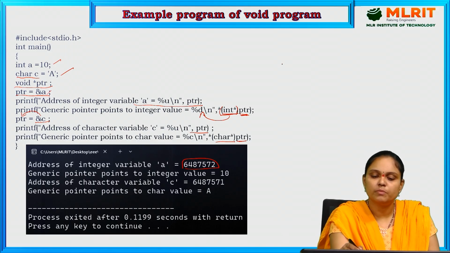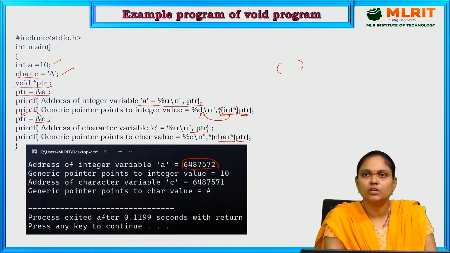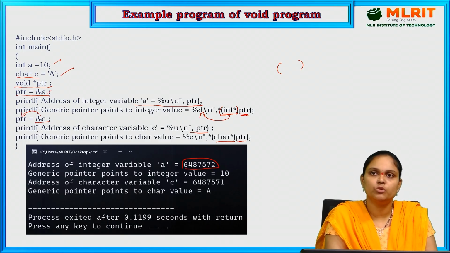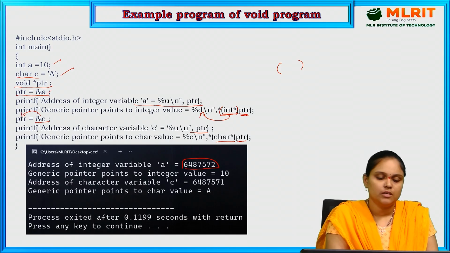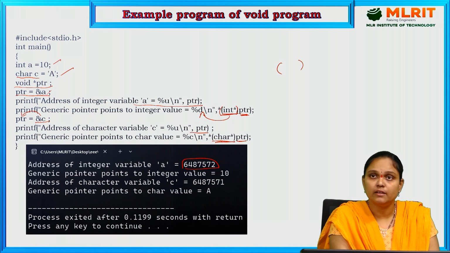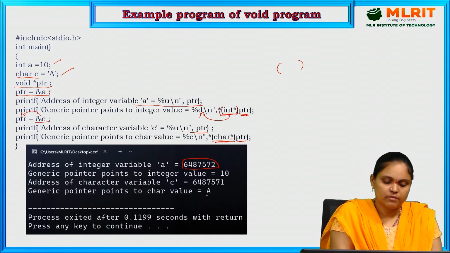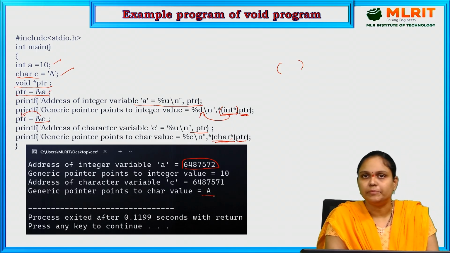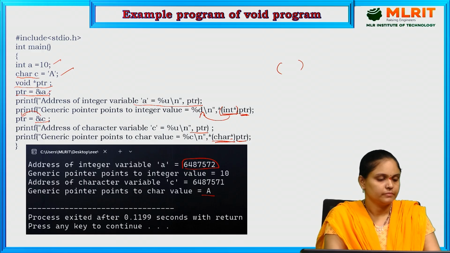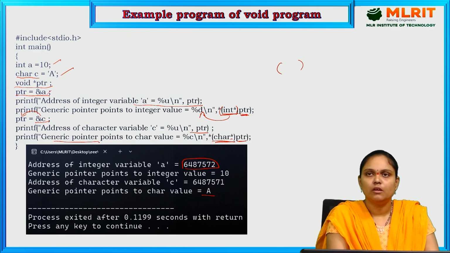The typecast operator is brackets, and in the brackets you mention the data type to which you want to convert. Here it is the character data type, and as we are dealing with pointers, we use the star. So the character value here is E. A generic pointer is also known as a void pointer.